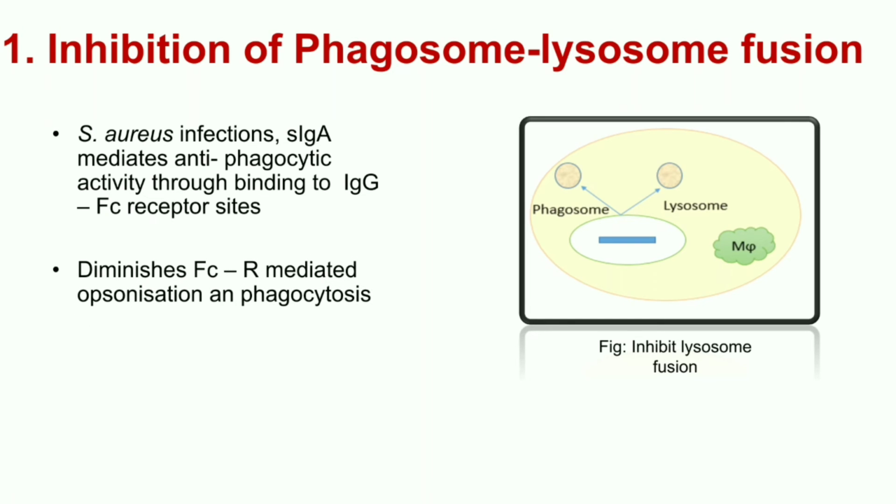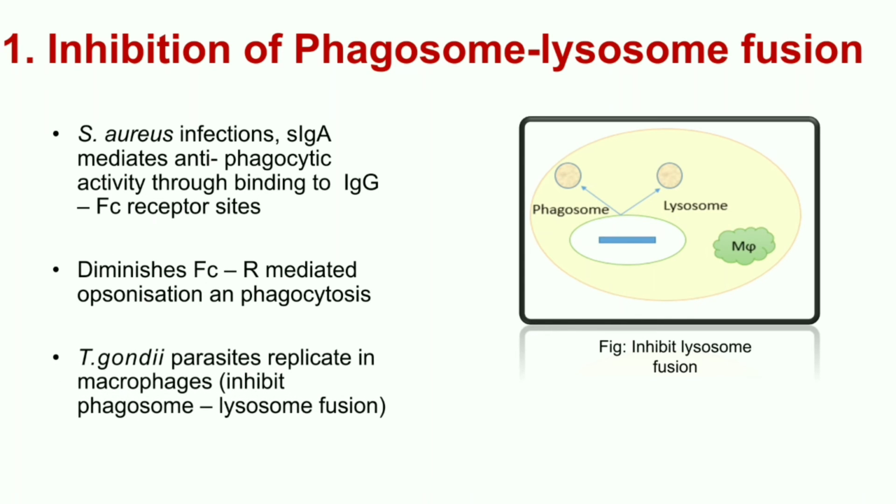By doing so, they diminish the FcR mediated opsonization and phagocytosis. Toxoplasma gondii are parasites which replicate inside the macrophages and secrete enzymes which inhibit phagosome-lysosome fusion.